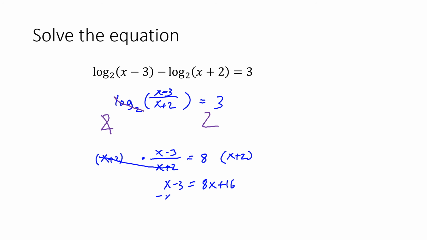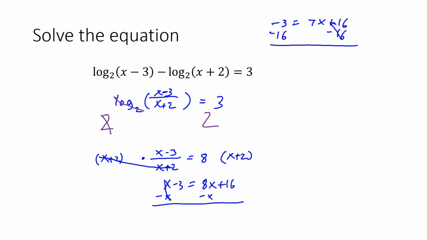We're going to subtract x on both sides, so we end up with negative 3 equals 7x plus 16. And we're going to subtract 16 on both sides also, and we end up with 7x equals negative 19. Divide both sides by 7, and so x equals negative 19 sevenths.